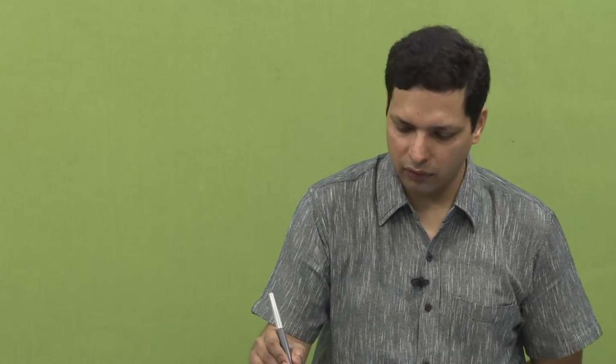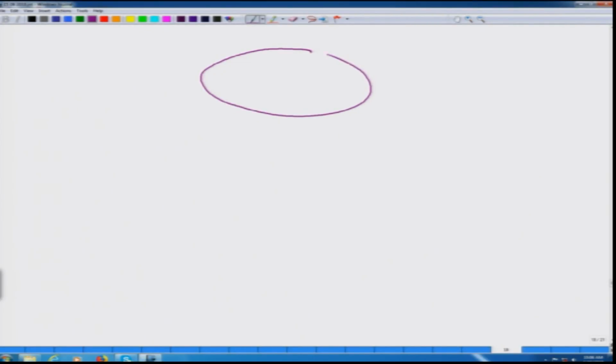So, let us assume that we have a loop like this, and if it is a loop, it is one dislocation. We are assuming that this is one dislocation, there is no start and end. Just the way it has been drawn, it may look like a start and end, but that is just an artifact of our drawing.